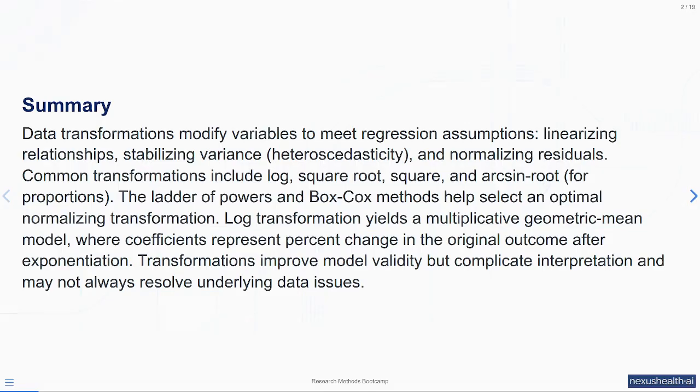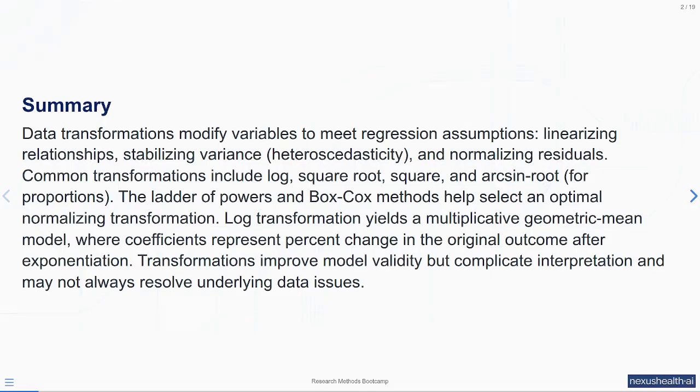So the question to ask is, what if these assumptions are not met? Is there anything that we can do? Certainly, there are some approaches, and one of these is to consider the strategy of data transformation.